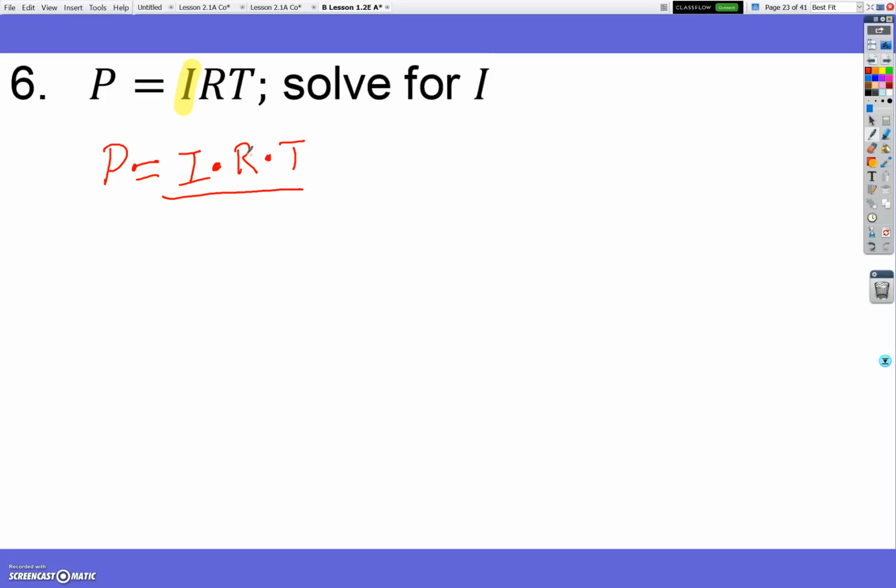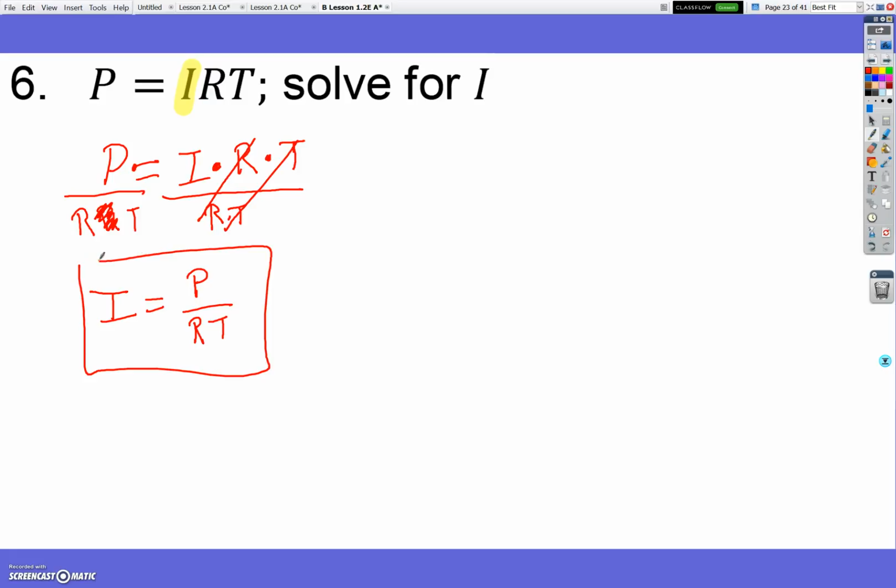Now, since it's R times T, it's only multiplication, I would divide both sides by RT. These would cancel because I'm doing division, and I would divide this side by RT. That means I is equal to P all over RT. This would be your final answer.